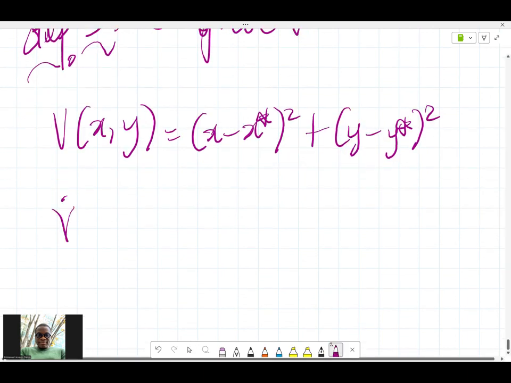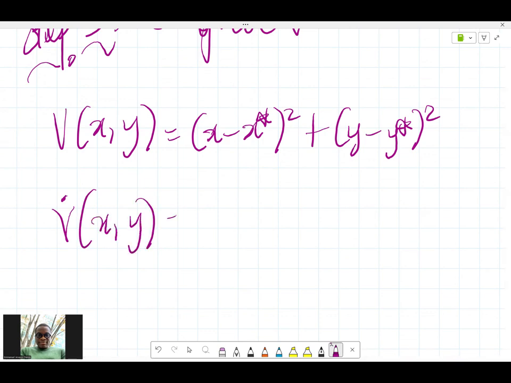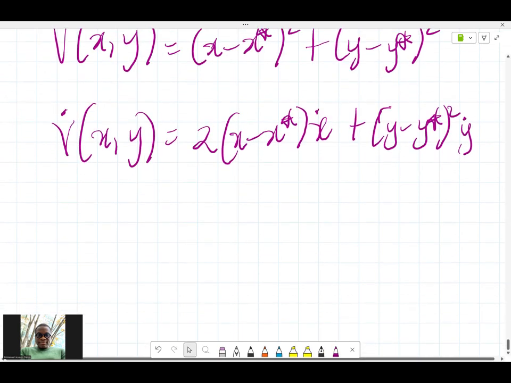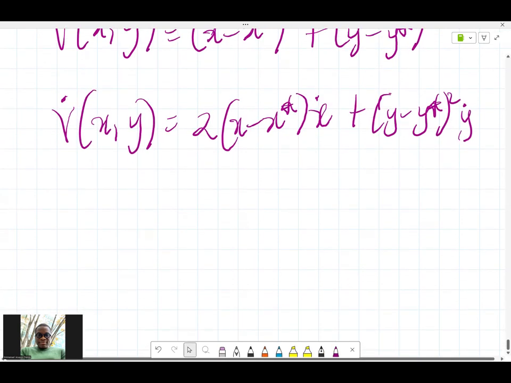If we differentiate, we have to do partial derivatives for each one, right? V dot of (x, y) will give us what we had before. That's 2(x - x*) multiplied by x dot, then 2(y - y*) multiplied by y dot. You remember what x dot and y dot used to be, so we can bring those back.